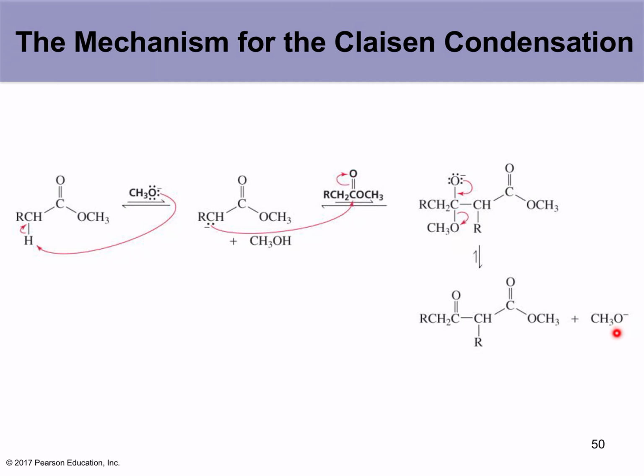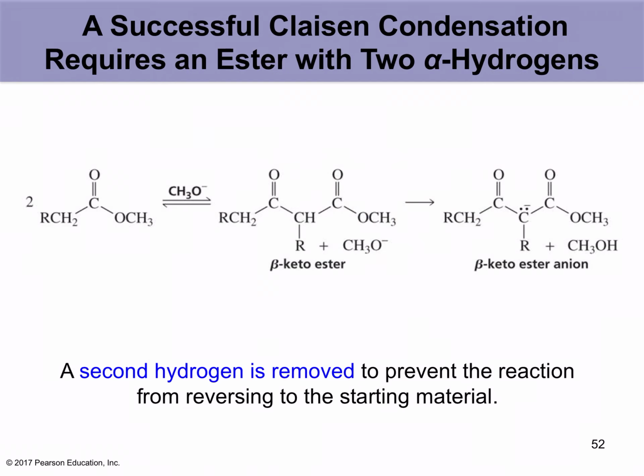Methoxide is a nucleophile. What are they good at? They are good at taking another acidic hydrogen, nucleophile as well as a base. Okay, so once the methoxide ion is formed, it's going to go and grab this hydrogen and form methanol, and it forms a beta keto ester anion.